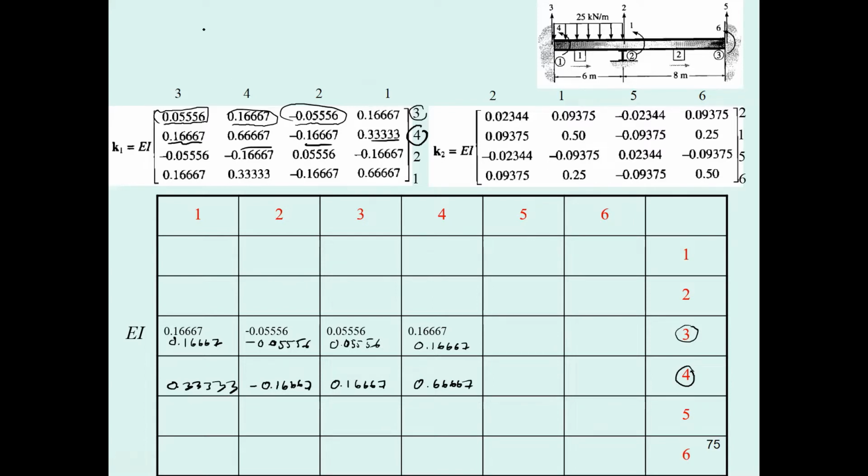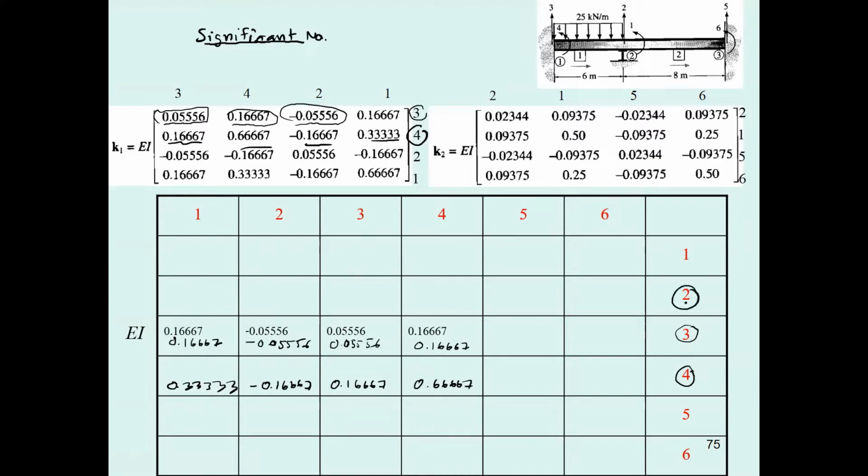See the significant numbers that I use. You must use at least 5 significant numbers during calculation. If not, your answer may be wrong.